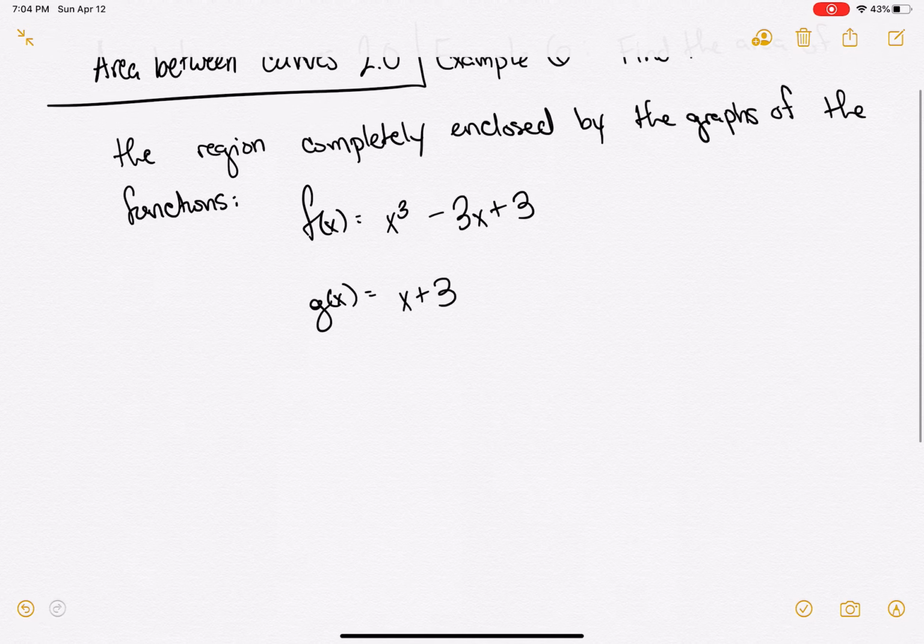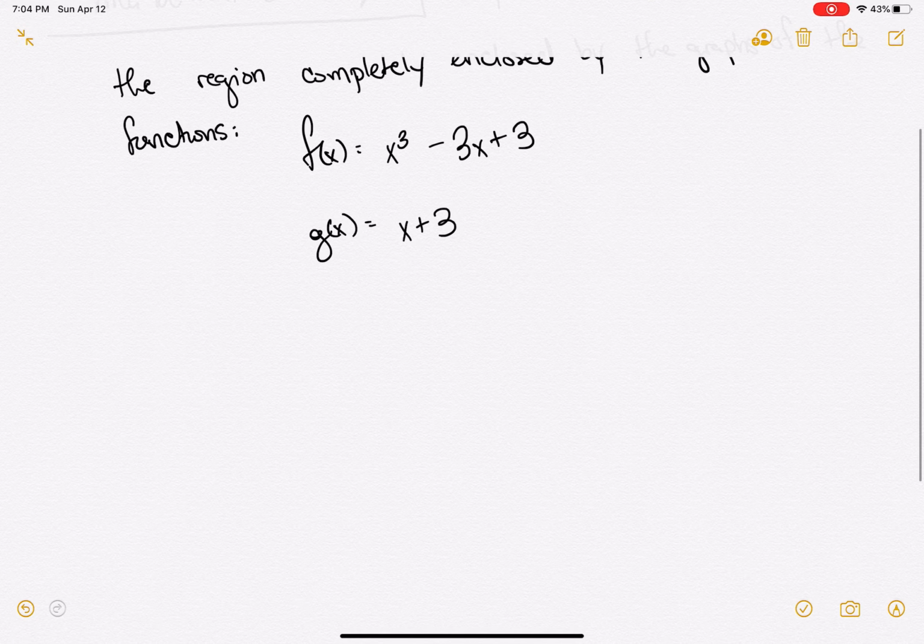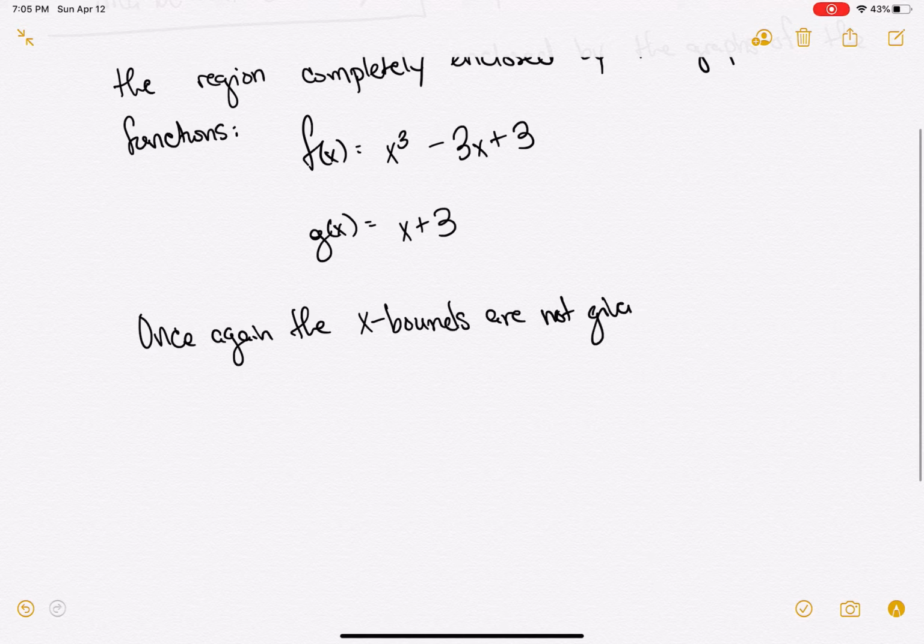Once again, this is a problem where it has not given bounds. The x bounds are not given. So we find them.